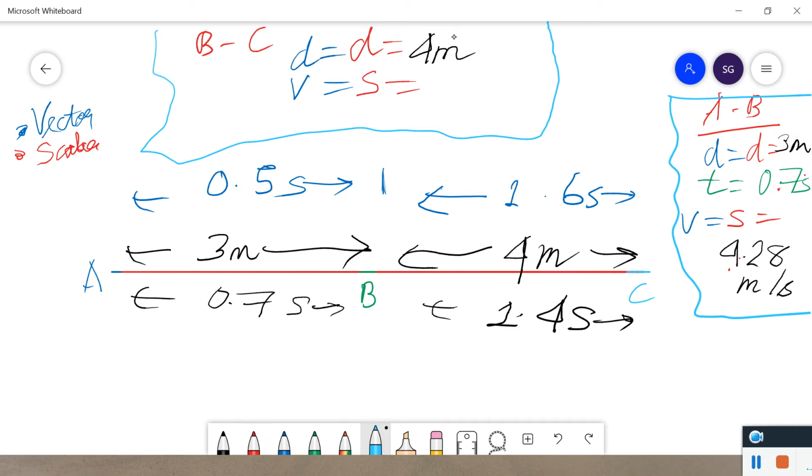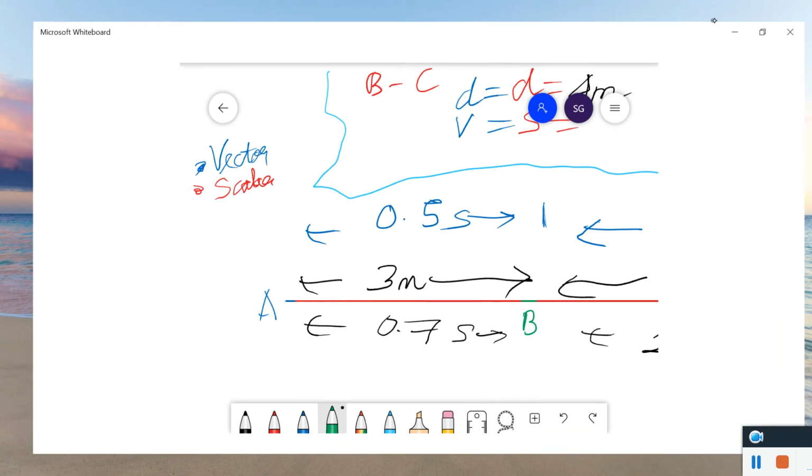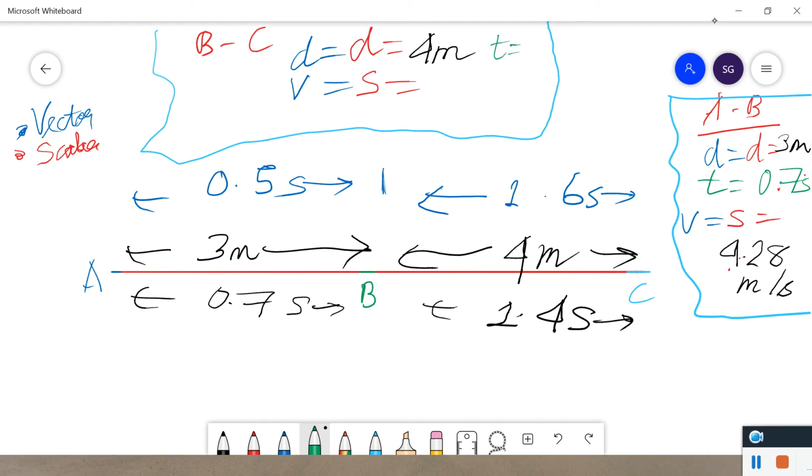And time, it's a given quantity, that is time is equal to 1.4 seconds. So it is 4 upon 1.4.